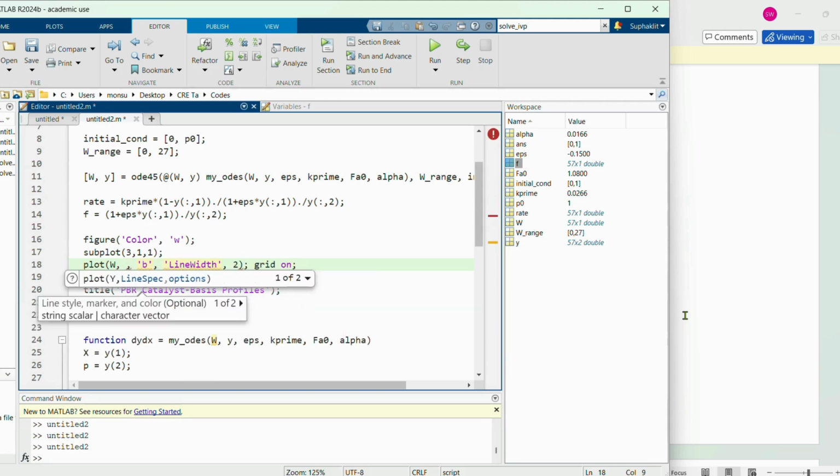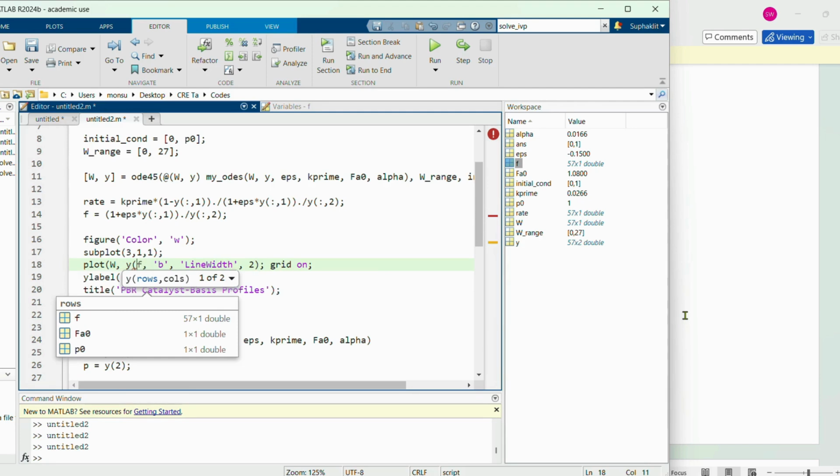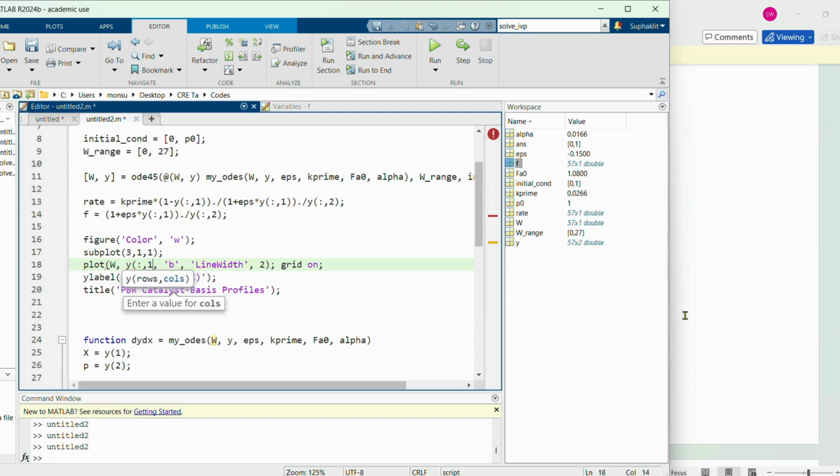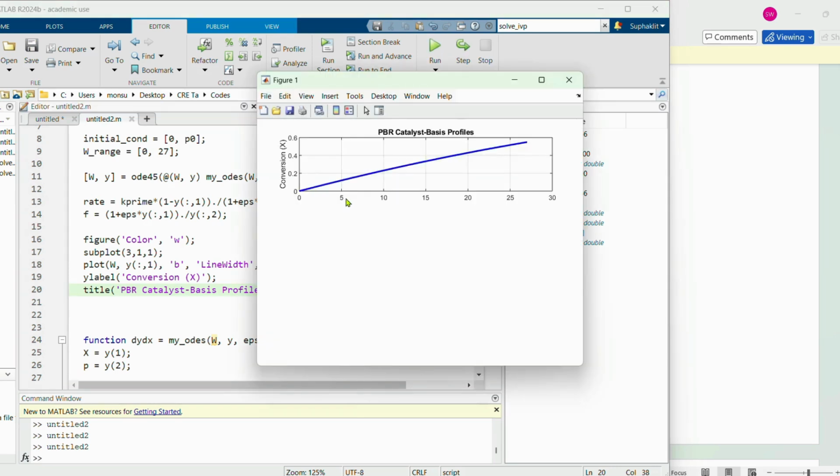So first we'll go ahead and plot the X. So we say that it is y colon 1. Okay, so here we have the conversion profile along the catalyst weight.